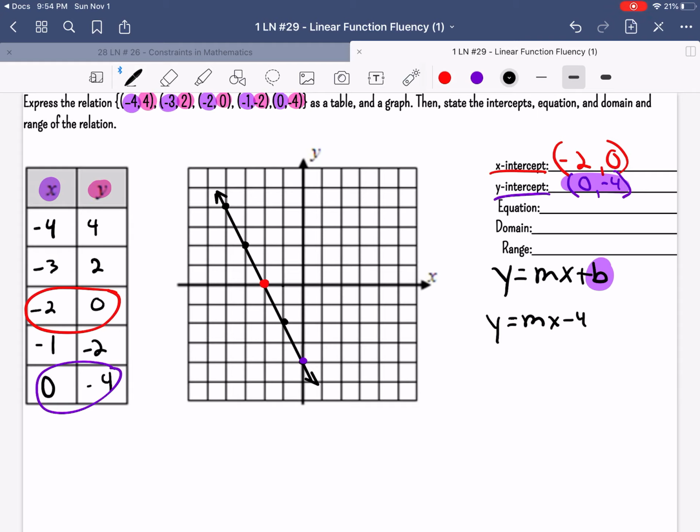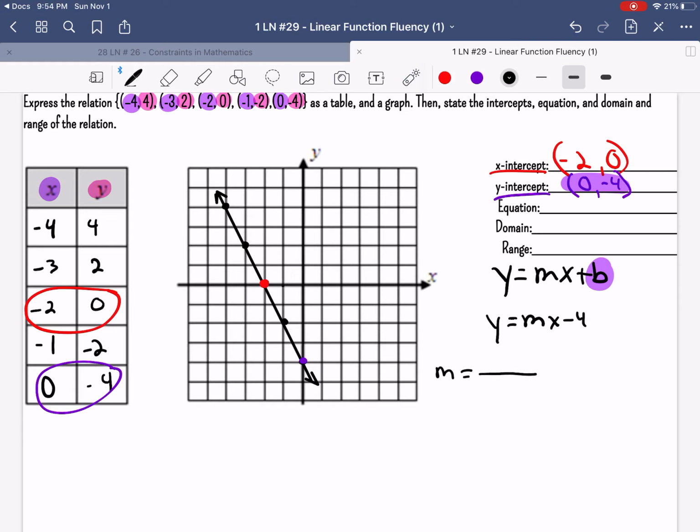There are multiple ways we can go about this. We can find the slope, which is what I think I'm going to do, or we could pick a point and substitute the values of x and y. But I'm going to find the slope since that's what we went over last week.